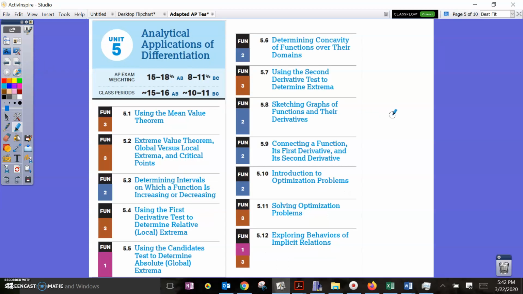Unit 5, applications of differentiation, the more analytical ones, the extreme value theorem, the difference between global and local extrema, finding critical points, figuring out increasing, decreasing. We've got the first and second derivative tests for extrema in there. We've got the fact that we can use the local extrema to find the absolute extrema.